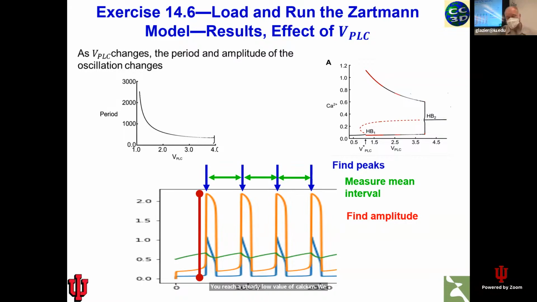When you go just above 0.773, the oscillations have maximum amplitude and minimum frequency. As you keep increasing VPLC, the amplitude of the oscillations goes down and the frequency goes up. They get faster and smaller. And then suddenly, when VPLC is equal to 3.75, they disappear. So it's just sort of an interesting circuit.